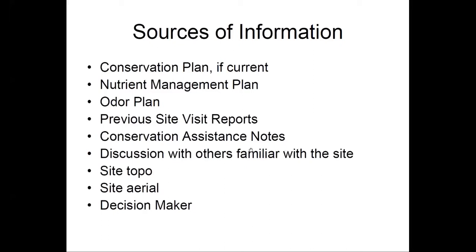Are there any conservation assistance notes? Can you discuss it with other people who might have been out to the site? Is there site topographic maps? Are there site aerial photographs? And your best source of information is your decision maker. That's the person that works day to day on this farm. They know everything that you're looking at.